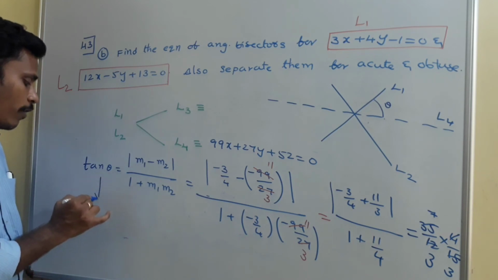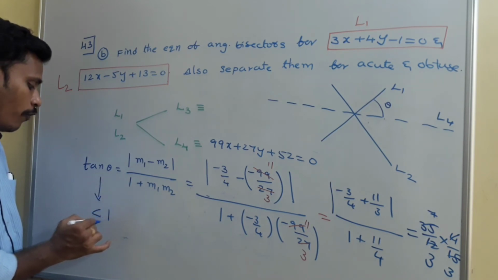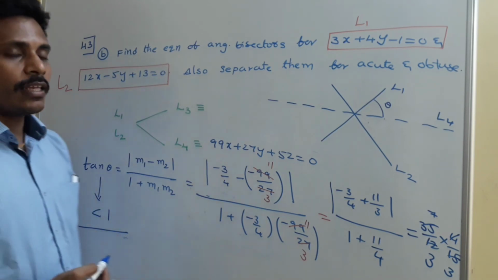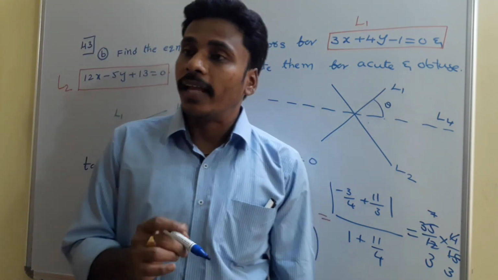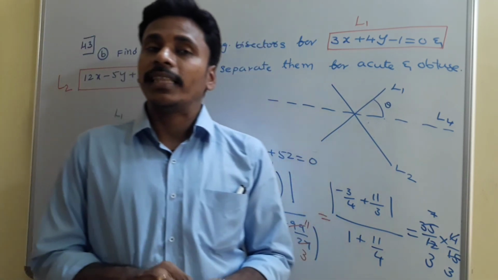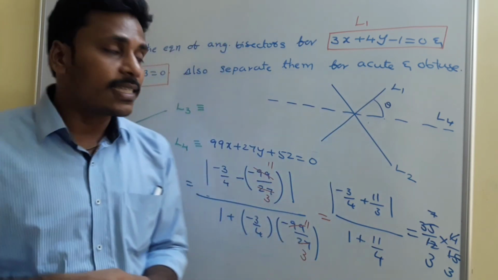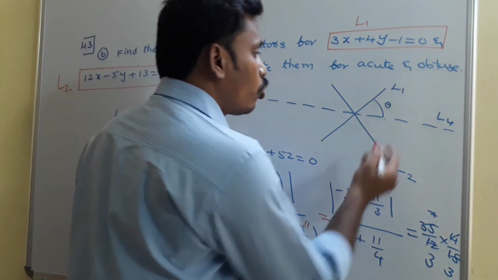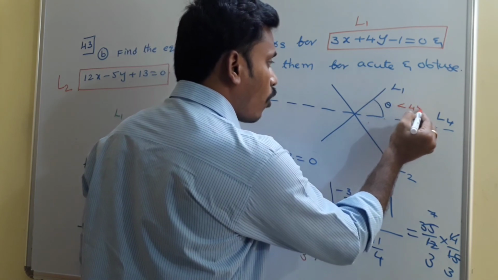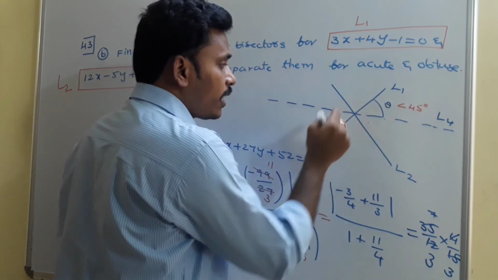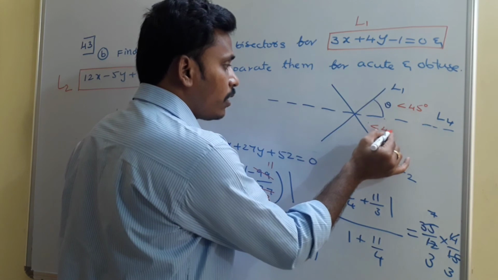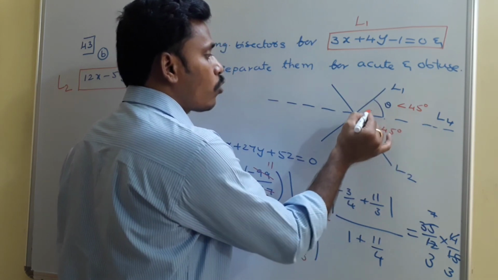So at the end, I found that the value of tan theta is less than 1. Tan theta is 1 for theta equal to 45 degrees. Since tan theta is less than 1, for sure this theta is less than 45 degrees. Since this theta is less than 45 degrees, this one is also less than 45 because these two are vertically opposite.